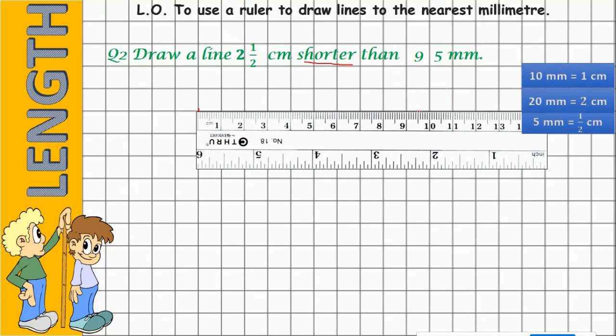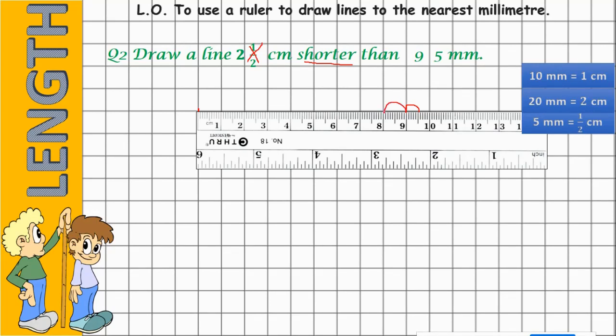So starting from here, let's first take half a centimeter as a jump. Why? So that the rest of our jumps become easier. First we'll take a jump of half a centimeter. So we are done with this. How much is left? 2 centimeters. So from 95 millimeters, I'm done with the half centimeter jump. And then I'll take 2 jumps of 1 centimeter each.